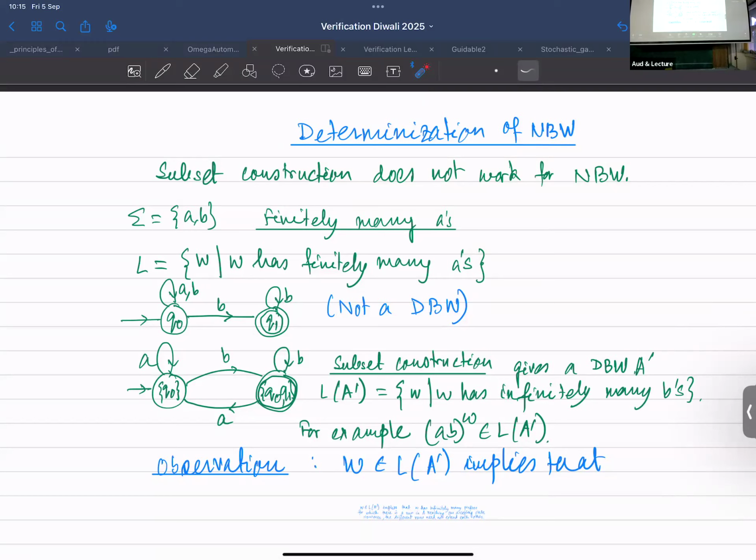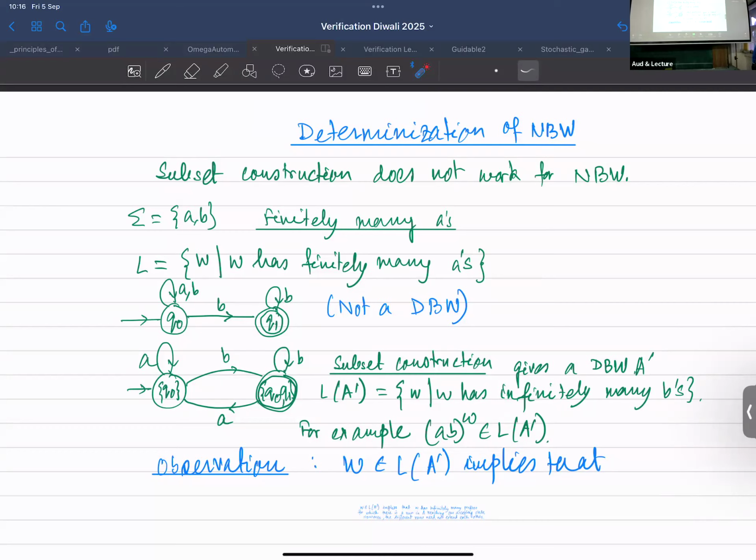I think we mentioned in passing, without proving it formally, that NBW cannot be determinized. What was the language we used to argue that? That's what we are going to do formally today: show that there exists a language for which a DBW does not exist.